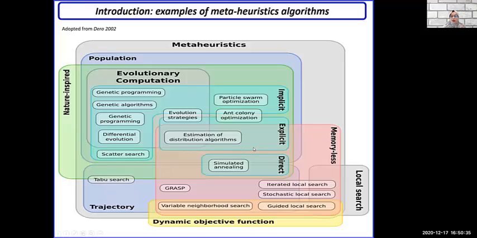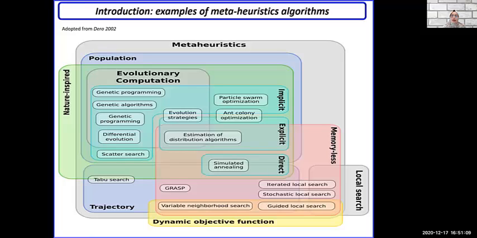Some people classify the meta-heuristic in a group of memory-less approaches and the memory approaches. So some people are classified as local search and non-local search approach. There are many classifications, and it depends on the researcher how they want to group their work or how they want to identify which group their algorithm belongs to.